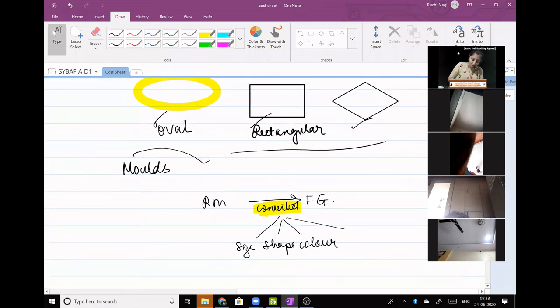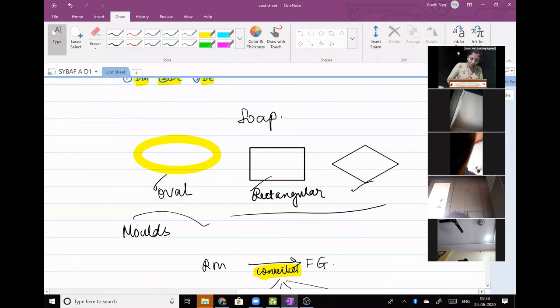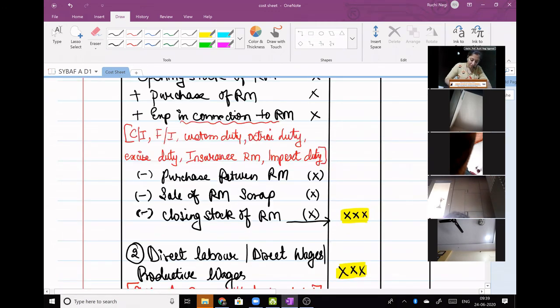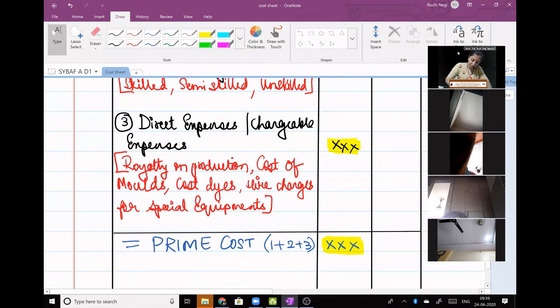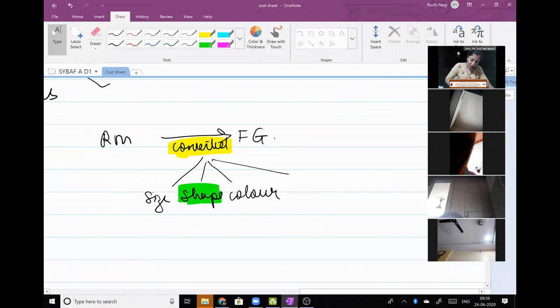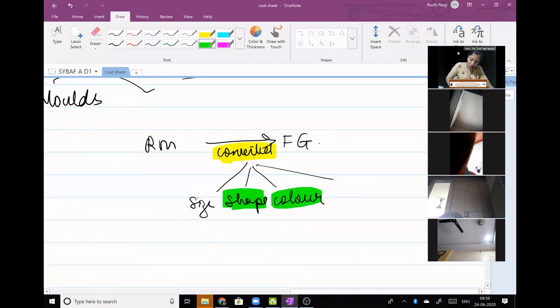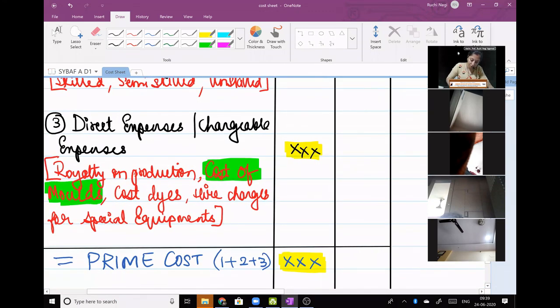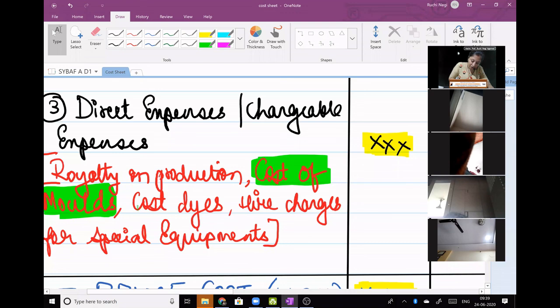You cannot categorize it under material, you cannot categorize it under labor. So there is a third category, direct expenses. It will come here. And the same example you can take, you will give color to it. So here, three different colors you'll be using for the three different molds, I mean the shape for your product which you're manufacturing.